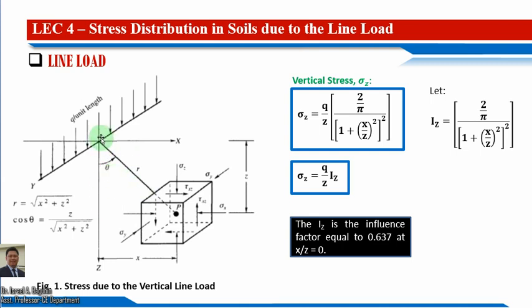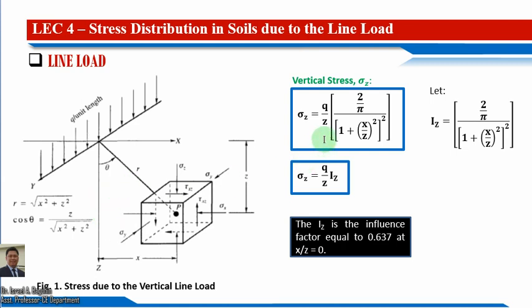The value of r is just the square root of the sum of the squares of x and z. To determine theta, we use cosine theta, which is z over the square root of the sum of squares of x and z.